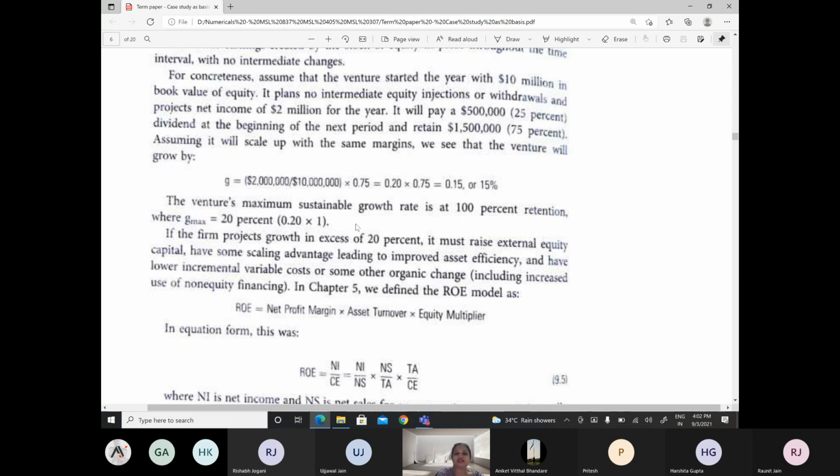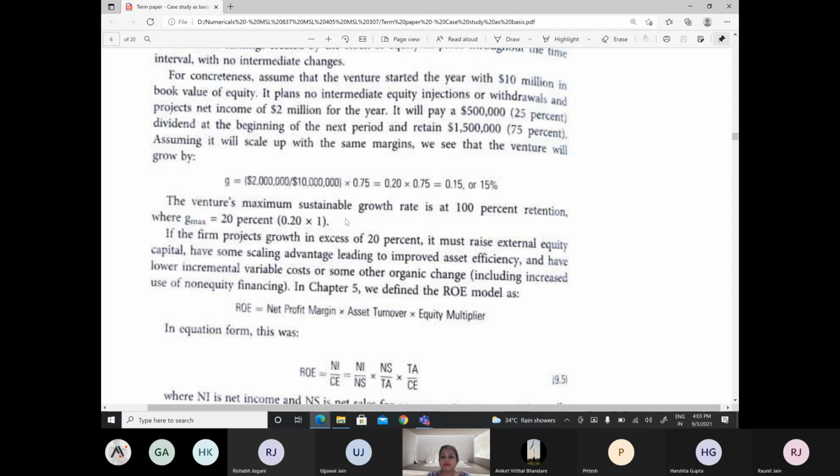Assuming it will scale up with the same margins, we see that the venture will grow by, so net income is 2 million upon the beginning value of equity, that is 10 million, into 0.75, which is the retention ratio. That gives us 15%. Okay.